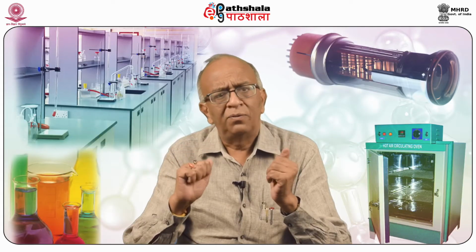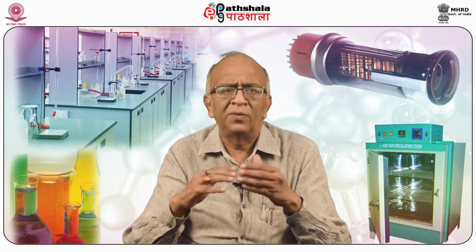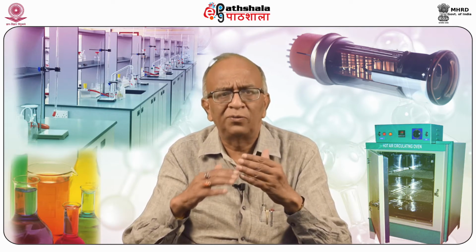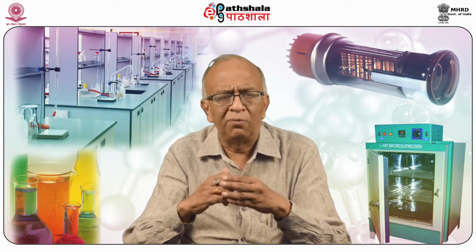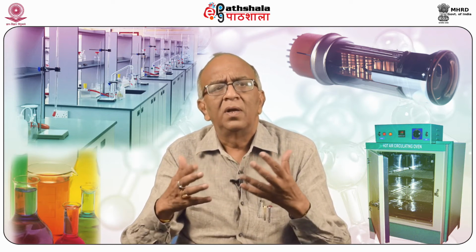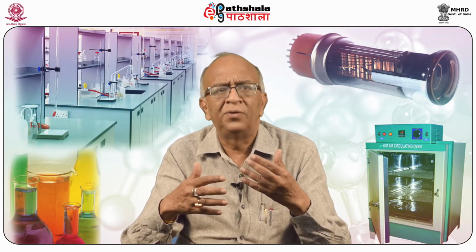So in the first I shall tell you, when electromagnetic radiations strike the substance passing through a solution, a certain portion of it is absorbed and its intensity is decreased.